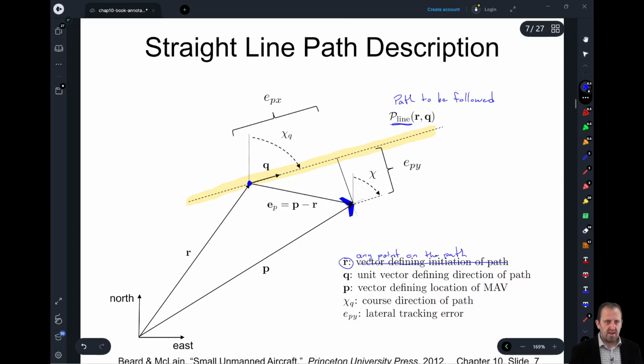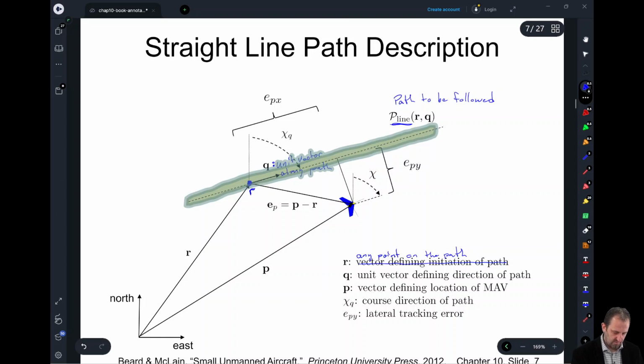We can just say it's a point on the path. We don't care what frame it's defined in. Then we do need to define a vector q. So this is the point r, and we define a vector q, and this vector q is a unit vector along the path. It just points in the correct direction.